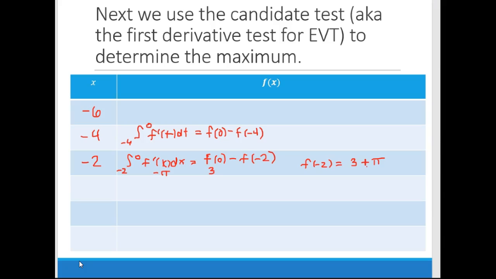So we said that the area from negative 2 to 0 was negative pi. And then the area from negative 4 to 2 is positive 1. So that's like 1 minus pi for the left side.